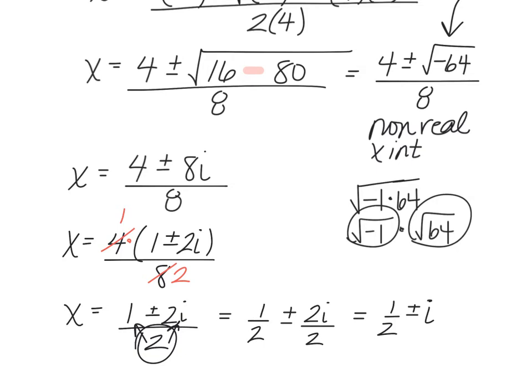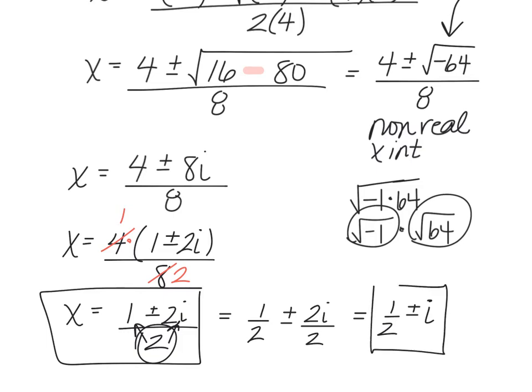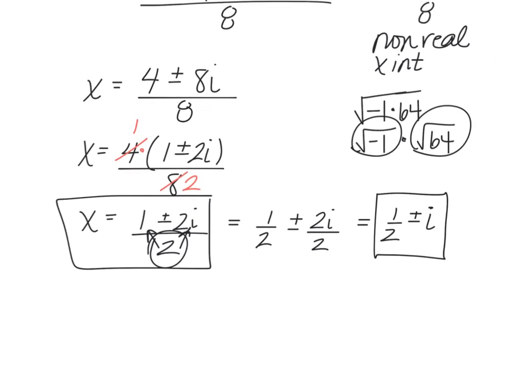So whether you leave that as 1 plus or minus 2i divided by 2 or 1/2 plus or minus i, those are equivalent. It wouldn't matter which way you left your answer if you were finding the zeros. However, for our purpose here, where we were just trying to find the x-intercepts and we are just looking for the real values, the ones that we'll see on a graph, we're going to have that there are no x-intercepts.